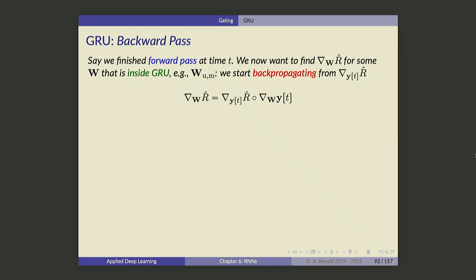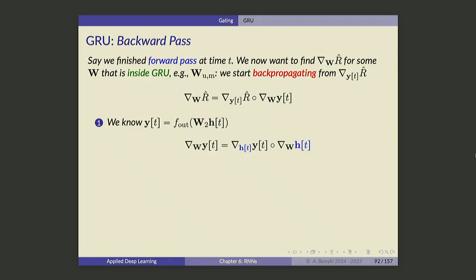So I want to compute the gradient with respect to this weight. Obviously, I first compute the gradient of the loss with respect to my output. Then I start from my output. The gradient with respect to the weight that I want is the gradient with respect to output times the gradient of the output with respect to that weight, right? And how does that come about? Well, that output is coming out of one hidden state, and that hidden state is multiplied with some other weights and then activated, right?